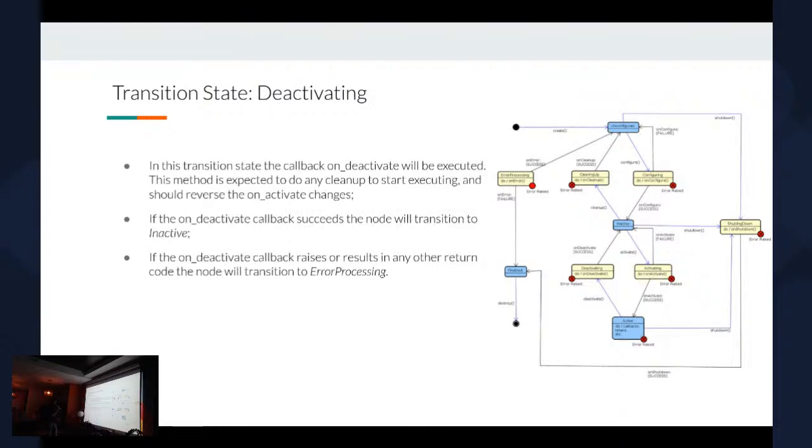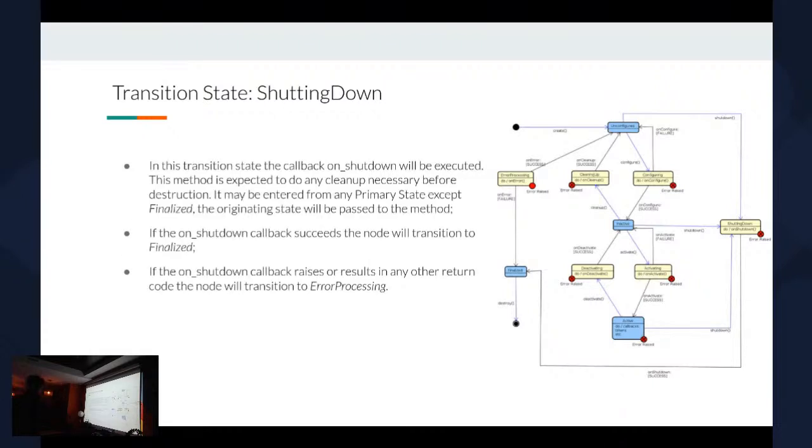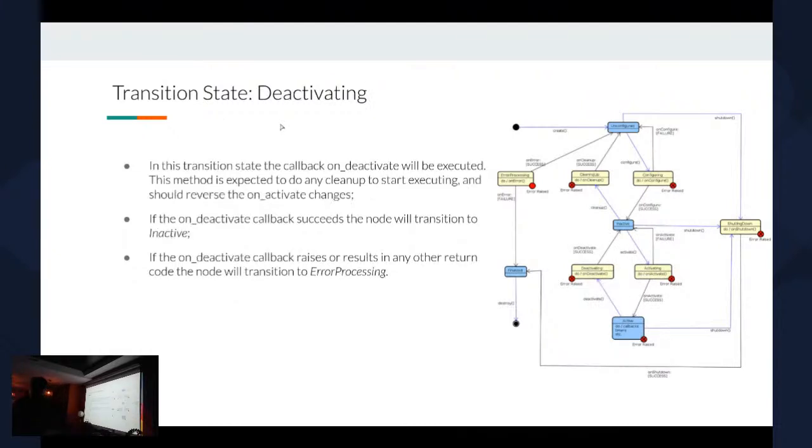We also have the deactivating state. If for some reason you need to stop your node and you don't need the processing to be running anymore, this can be used if you want to save resources, if you are doing some kind of, for example, AI application that is using the CPU, or you want to reduce the processing power or the power consumption of your machine or the CPU usage, you can use this state in order to stop your node from running.